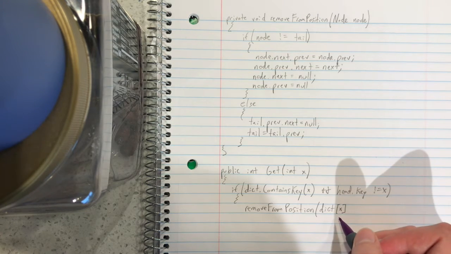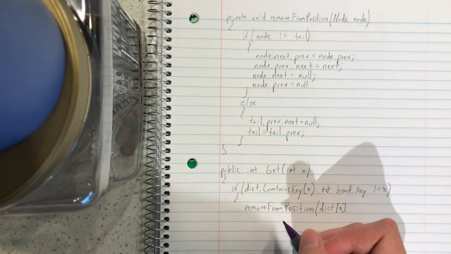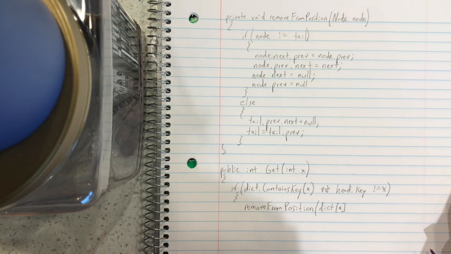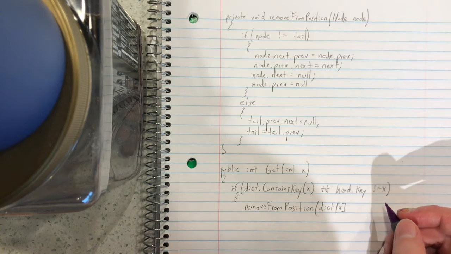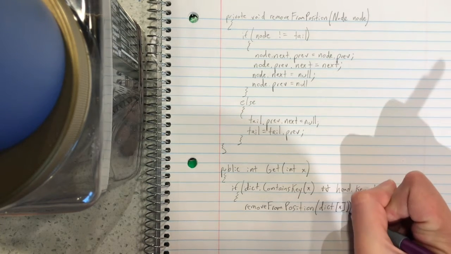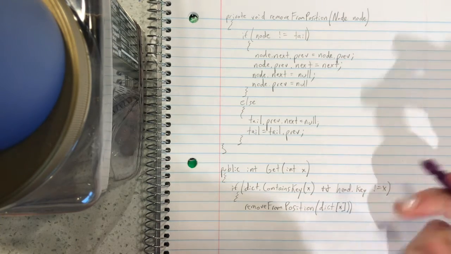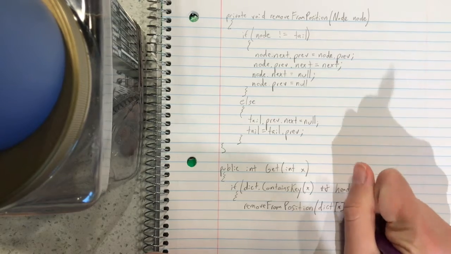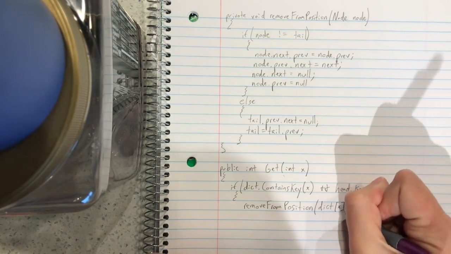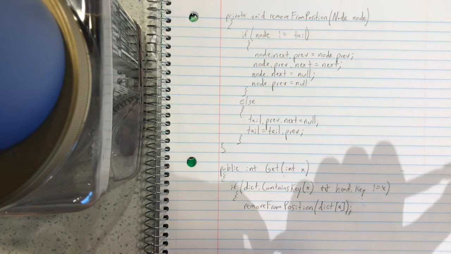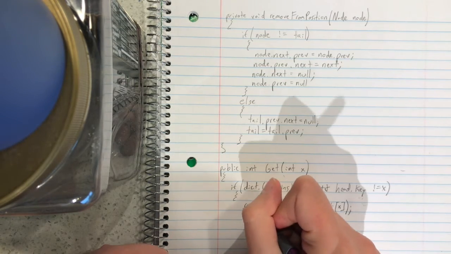So we're passing the node's position into our private method remove from position. Let's keep our parentheses consistent here. So we remove the key from its position and we place it at the head.